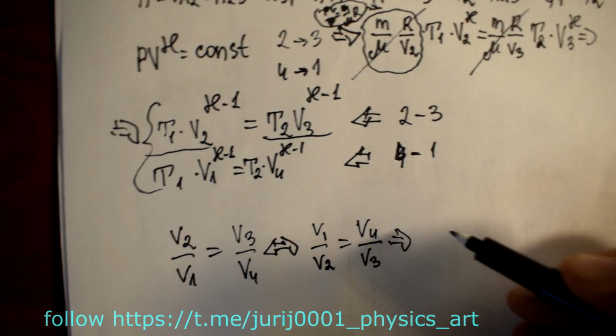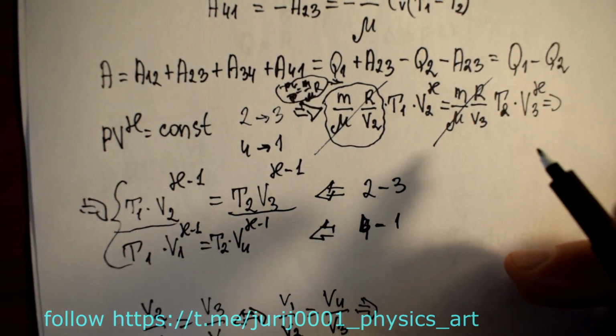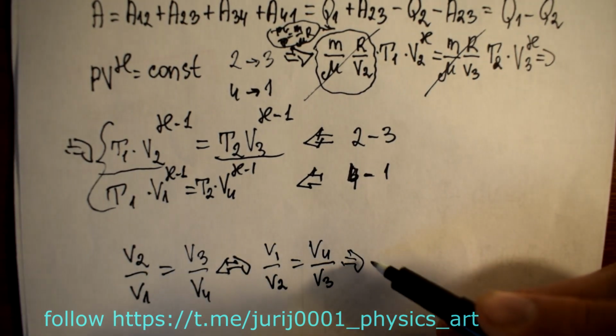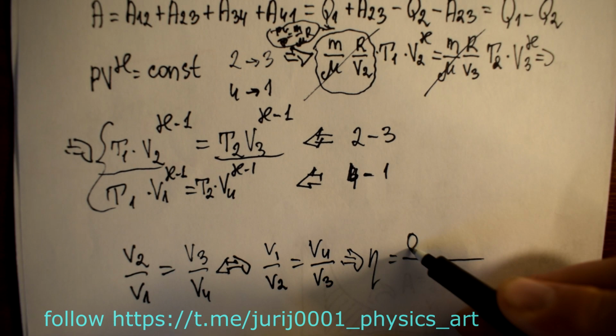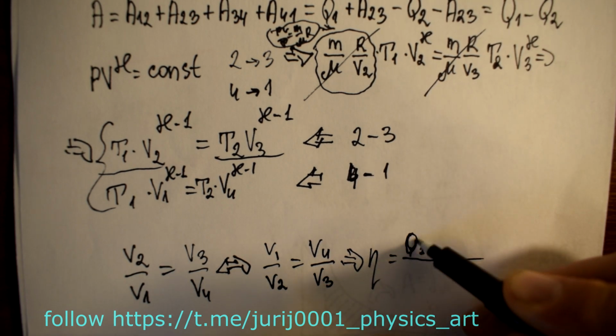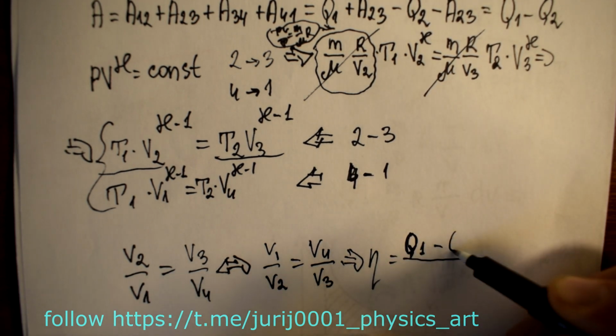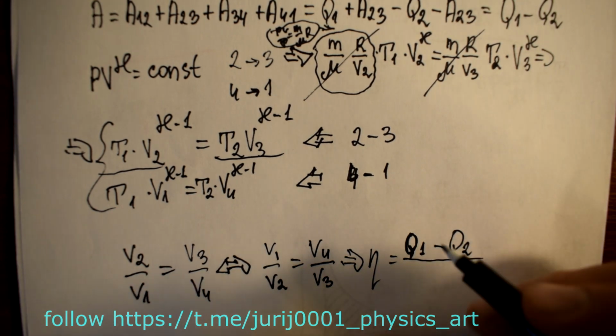As already proved earlier, the work is equal to the difference in the amount of heat, Q1 minus Q2. Now it remains to put the appropriate amounts of heat in the efficiency formula and introduce some values.